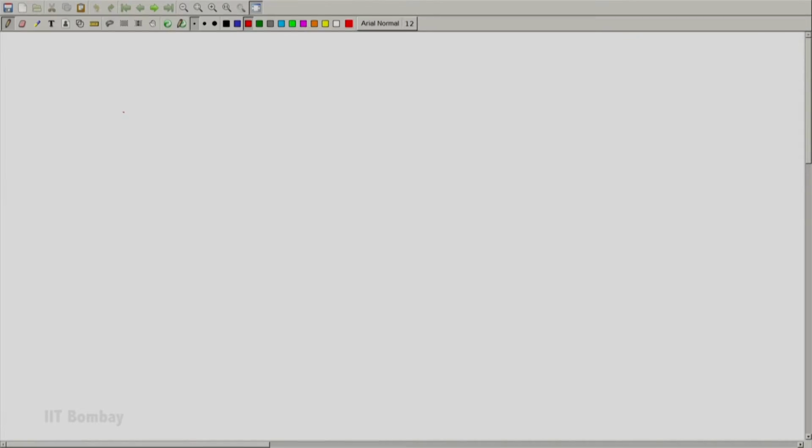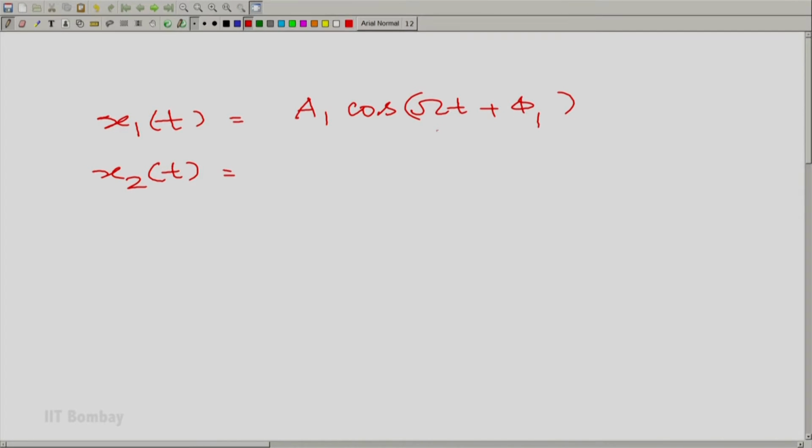So, we have two sine waves, let us call them x1(t) and x2(t). Of course, we are talking about continuous time here. x1(t) is A1 cos(Ω t + φ1). So, the angular frequency of the sine wave is the same in x1 and x2.